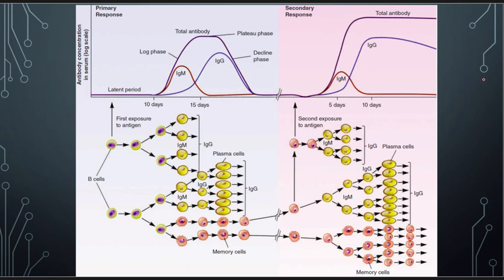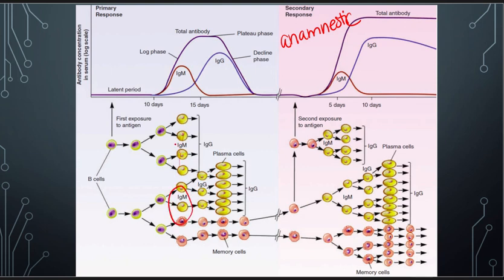After the first exposure, you're going to get what we call an anamnestic response, which is pretty much your booster response, right? You're going to see a faster and stronger response from your adaptive immune system after a first exposure.